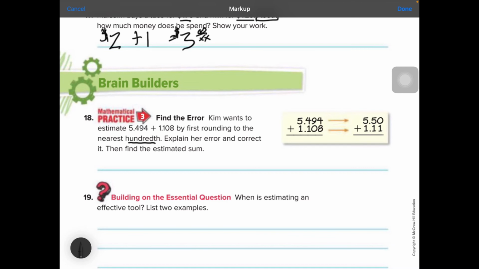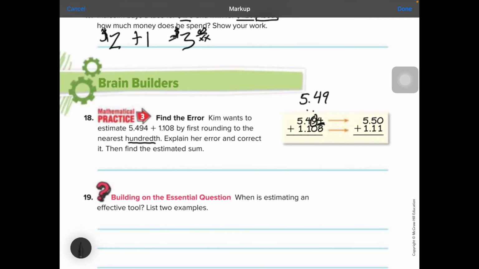So what Kim did, let's look at it. This is tenths, this is hundredths. So this was supposed to be her target, and that was what was supposed to change it. So it should have been 5.49. And can you see, she just went one place value over and she changed it to 5.50. So that was not a correct estimate of that.